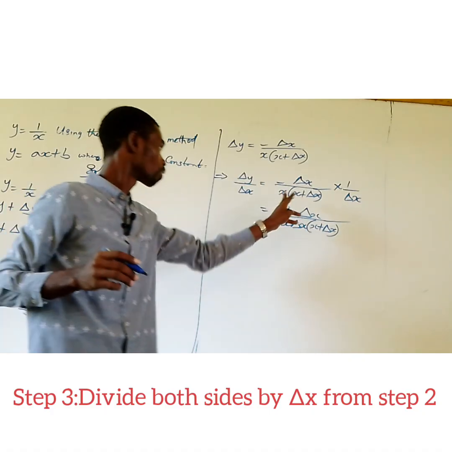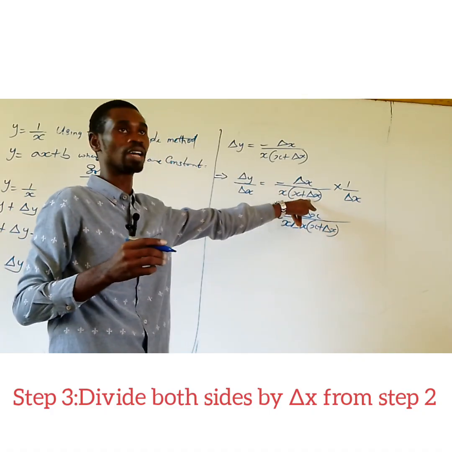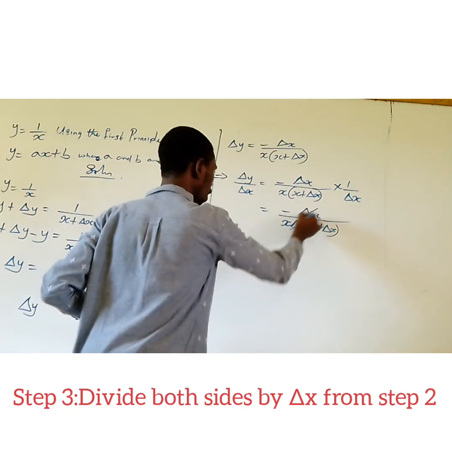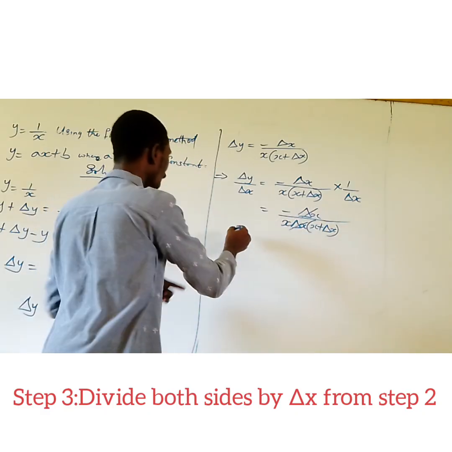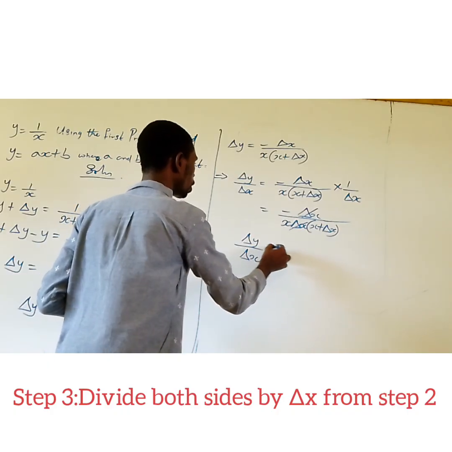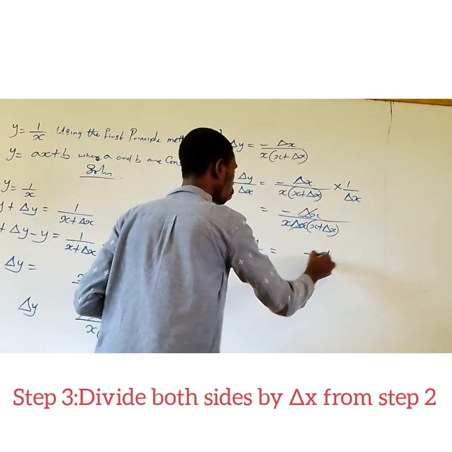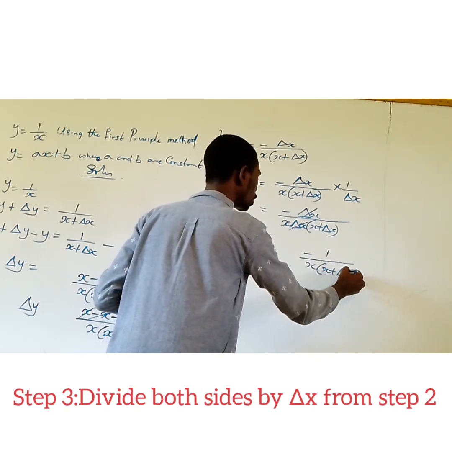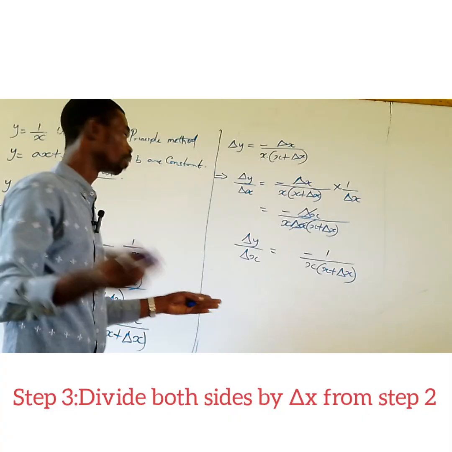That's what we have, and change in x cancels change in x. We have change in y over change in x equals minus 1 over x into x plus change in x. Then we take the limit.